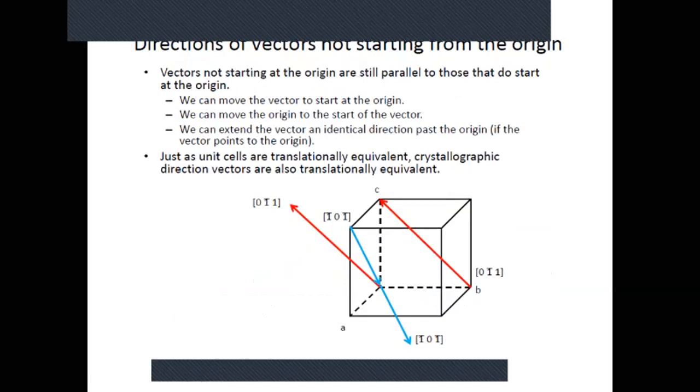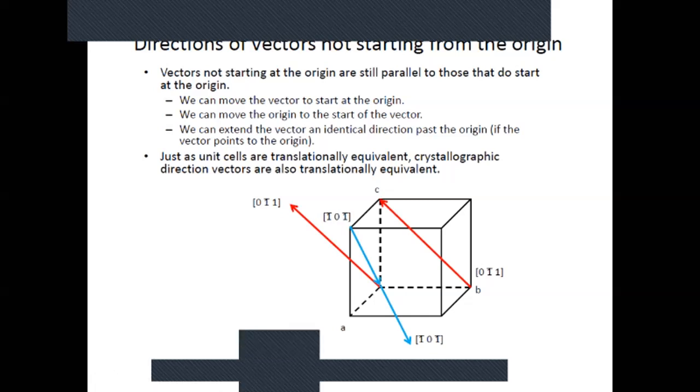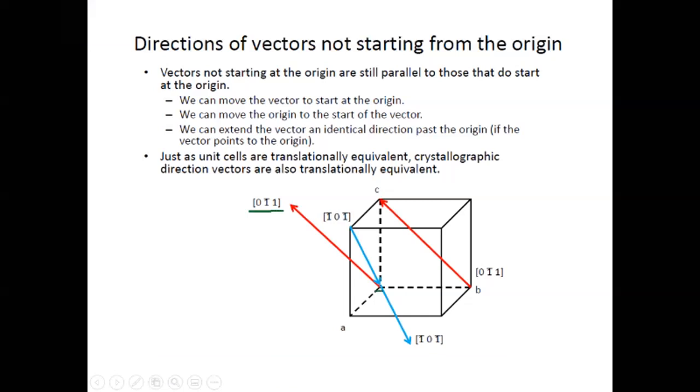And to show that when you're not starting from the origin, even though it's the same direction, they're going to be parallel to one another. So here, for example, this is the 0, -1 direction starting at the origin, and this is the 0, -1 direction starting off the origin.